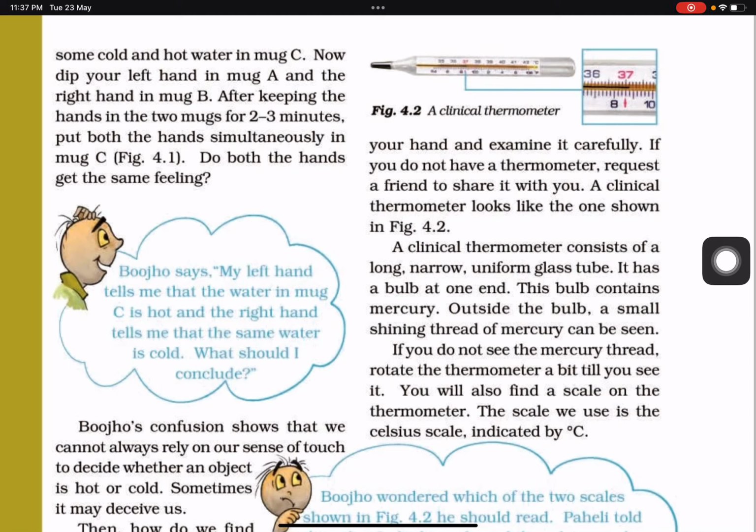Mercury is a metal that is in liquid form at normal room temperature, not like iron, which liquefies only at thousands of degrees Celsius. Mercury is liquid at room temperature.